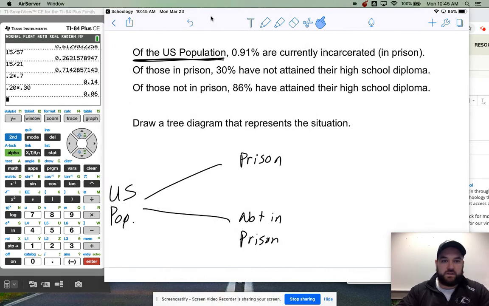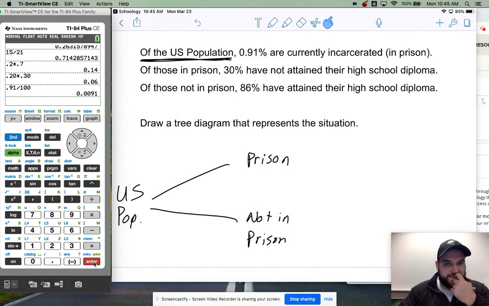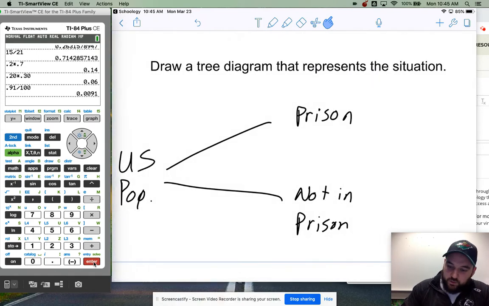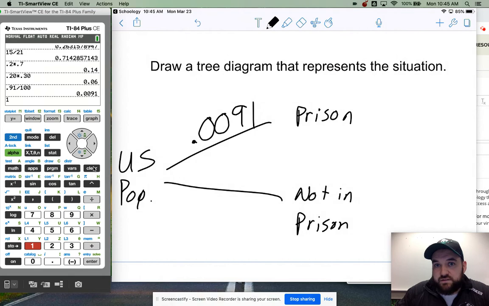Okay. Now, it says 0.91% are currently in prison of everybody. Now, you got to be a little careful with that because 0.91% does not mean 0.91. I have to take my percentage and divide by 100 or move the decimal a couple times. So the decimal probability that I choose someone at random that's in prison is 0.0091. Okay. Everyone else would have to not be in prison because there's only two different categories there.